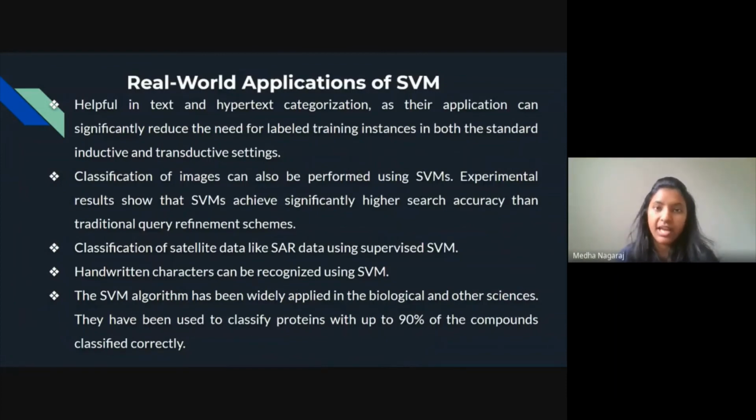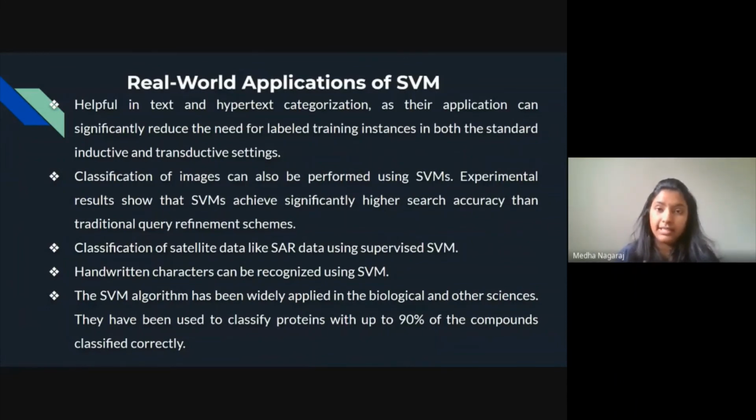Experiments have shown that SVMs have significantly increased the search accuracy as compared to traditional query refinement schemes. SVM can also be used to classify satellite data like SAR data. SVMs can recognize handwritten characters. That is one of the main applications of SVM.